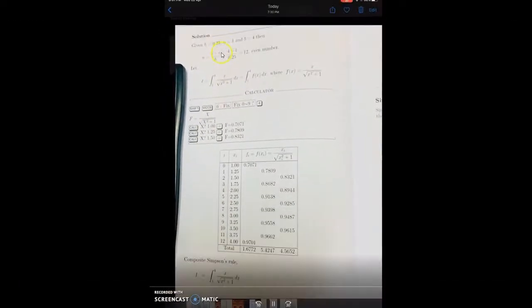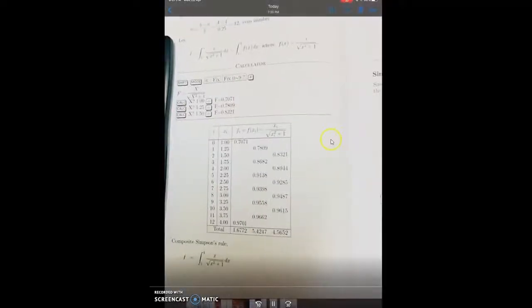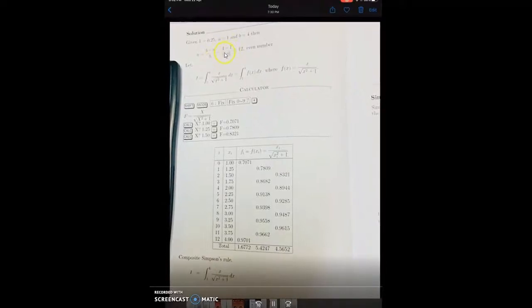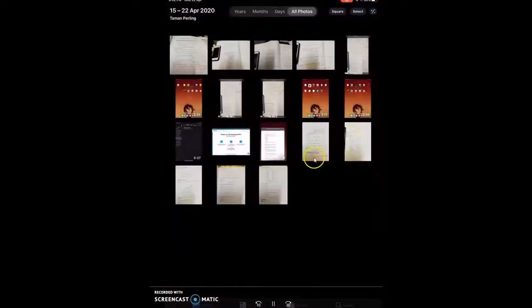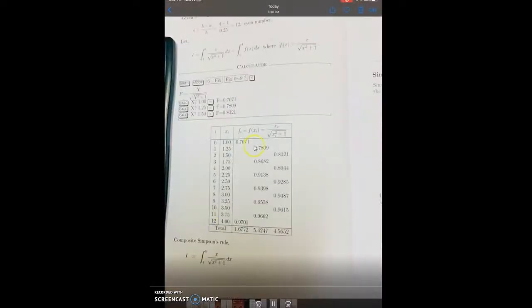From the formula of Simpson's rule, h is 0.25, and n is b minus a divided by h, which is 4 minus 1 divided by 0.25. So the answer is 12.